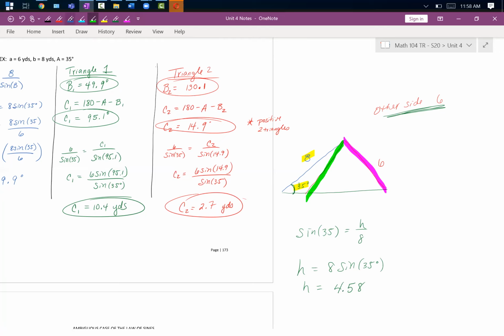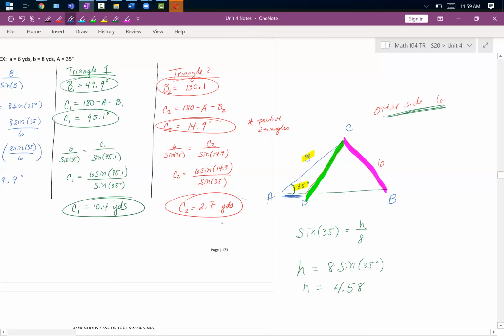Did that clarify it at all? Yes, thank you. And that's why all the other answers trickled down and were different. So say this is our angle B here. When we got the big number for angle B, side C is the one on the bottom.